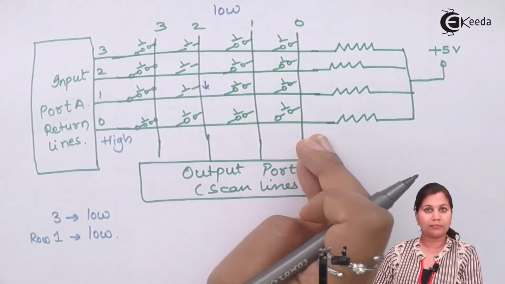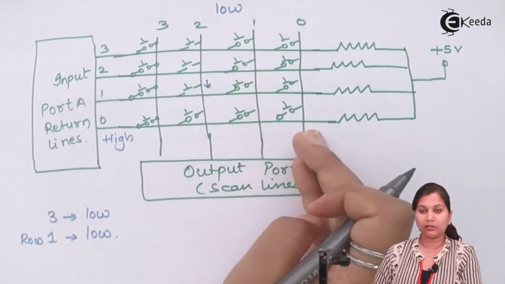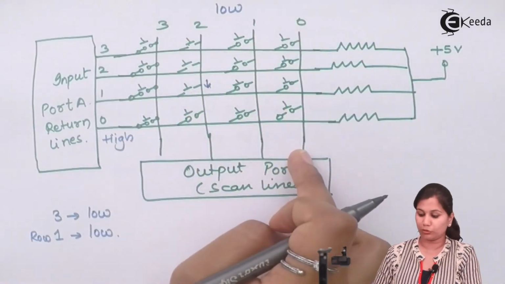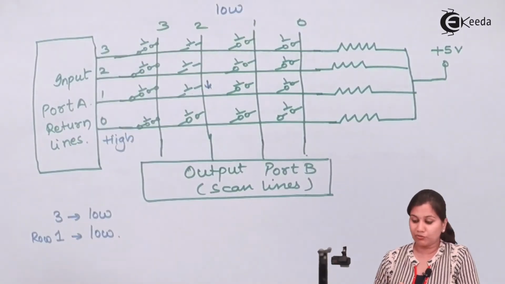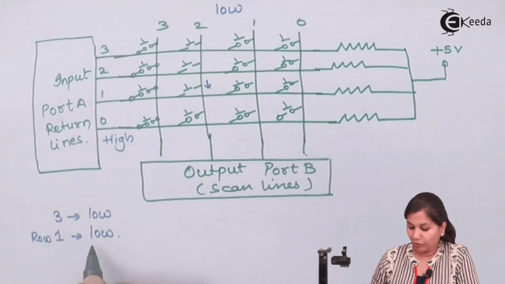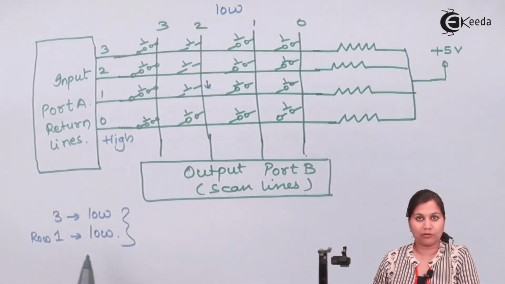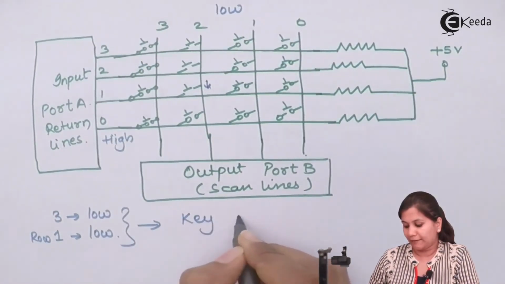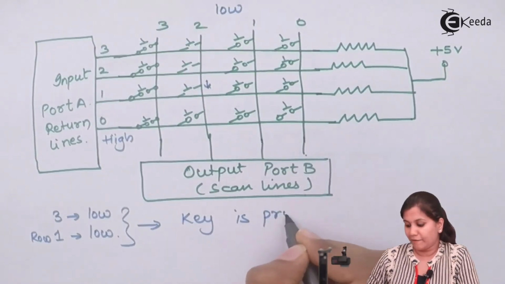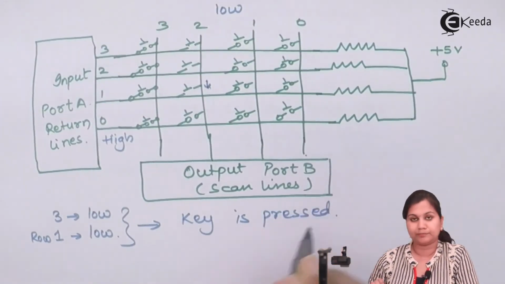Then in row number 0 we will make the column low, and then the return lines will be checked. The case in which we are getting the return line also low and the column line also low, in that case the key is pressed, and we will identify which key is pressed.